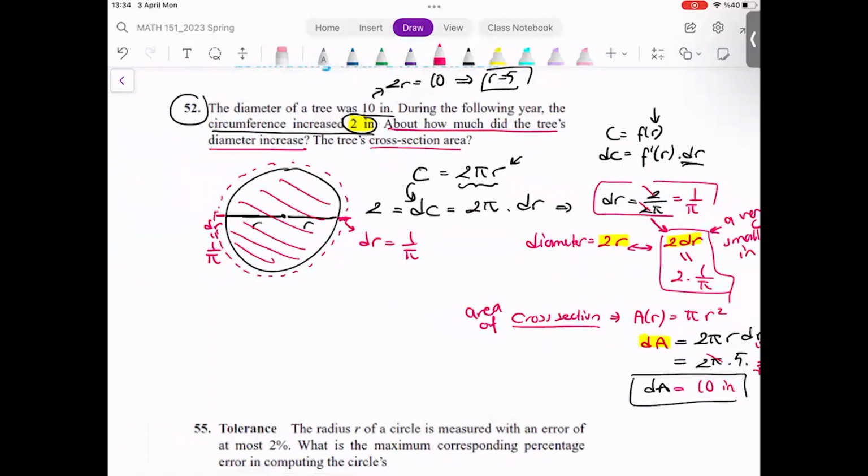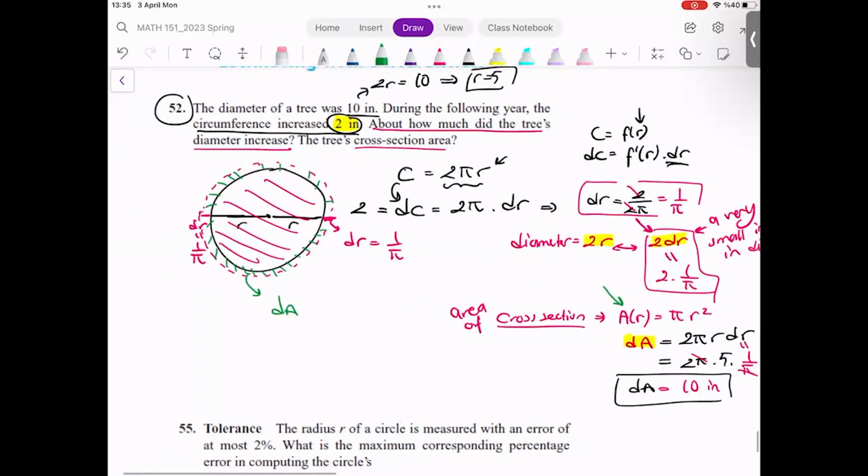And the change in the cross section is this much, computed by taking the differential of the cross-sectional area. So this green shaded part is in fact dA, which we computed as 10 inch squared. Sorry, the unit should be squared for the area. So we use the differentials dy, dC, dr, to compute very small changes in the quantities, in functions like that.